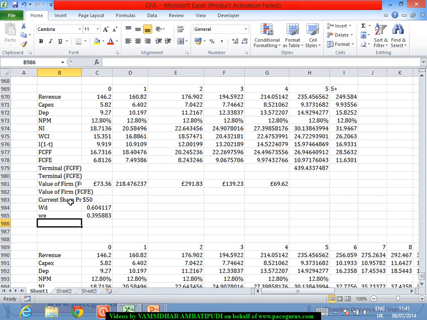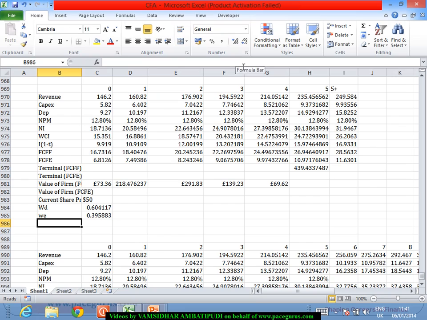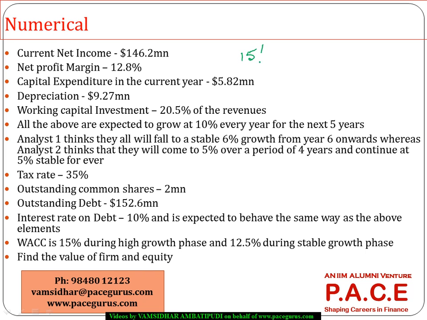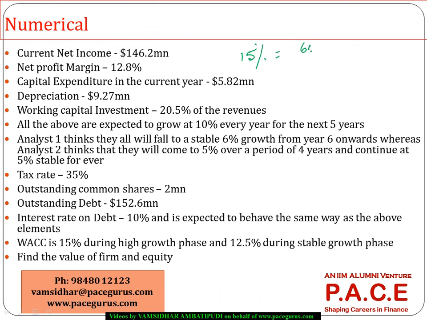So from here I can find out my cost of equity, because the weighted average cost of capital, 15%, is equal to weightage of debt, 60.4%, into cost of debt 10%, multiplied by 1 minus tax rate 65%, plus weightage of equity around 39.5% into cost of equity.